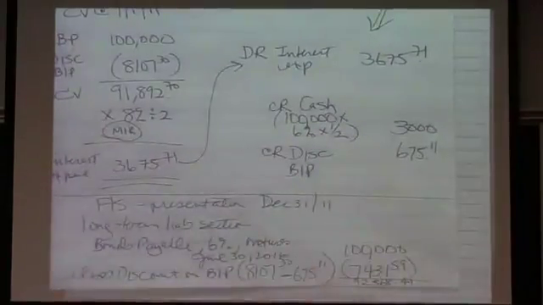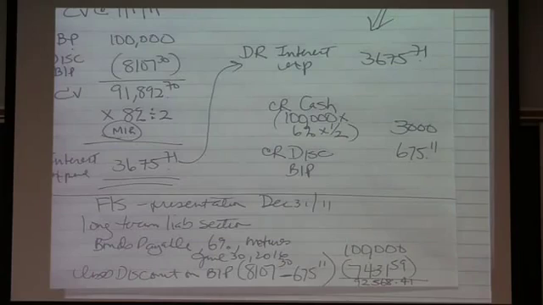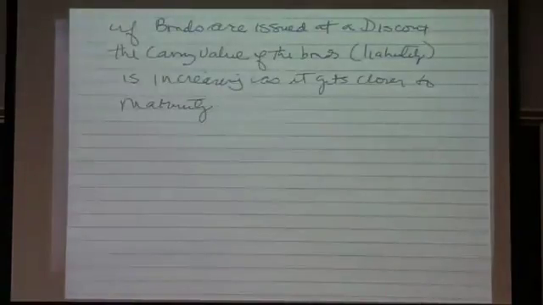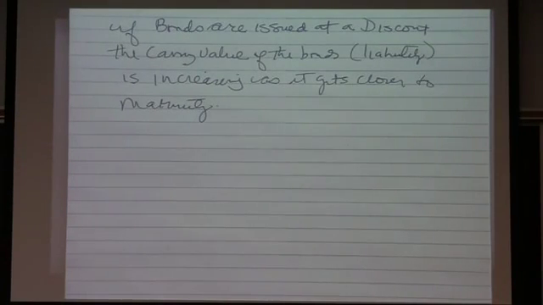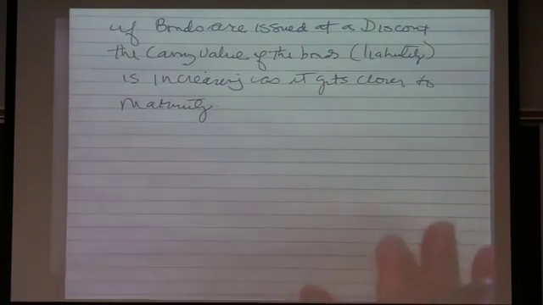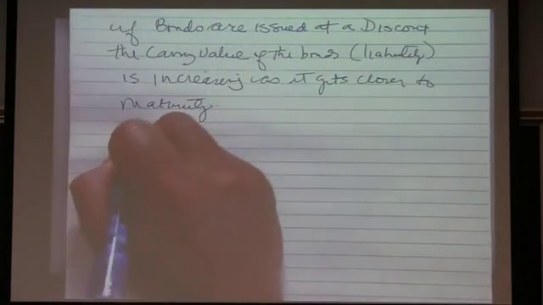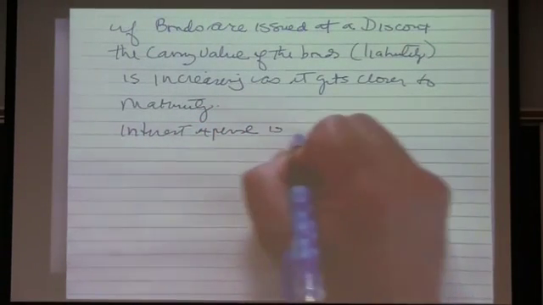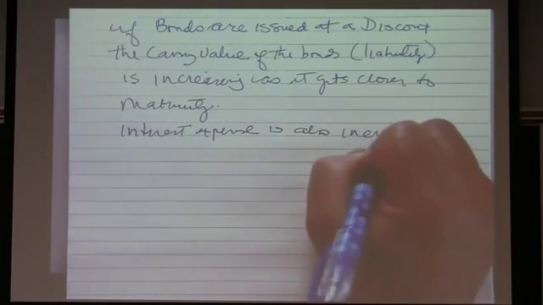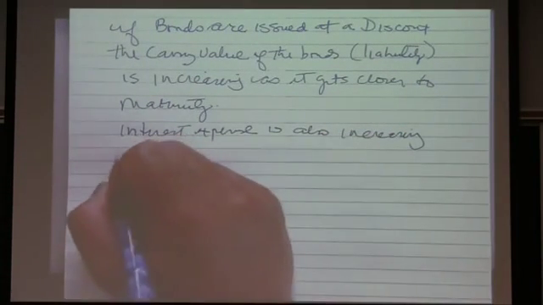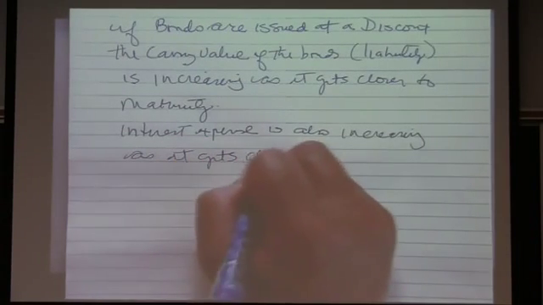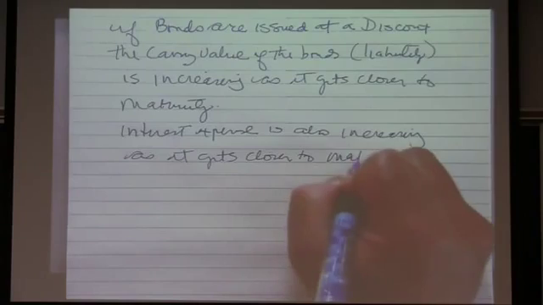At December 31st it is 92,568. It's going up because the discount, the debit, is going down. Okay, and interest expense is also increasing as it gets closer to maturity.